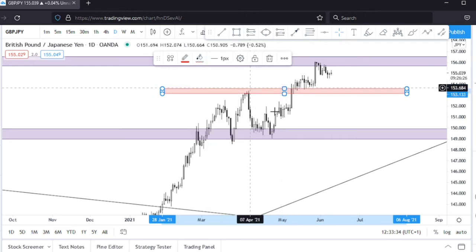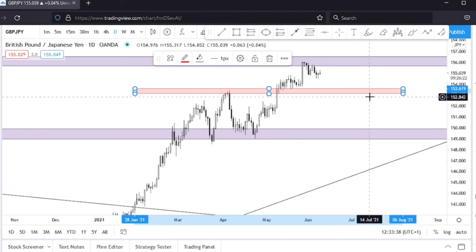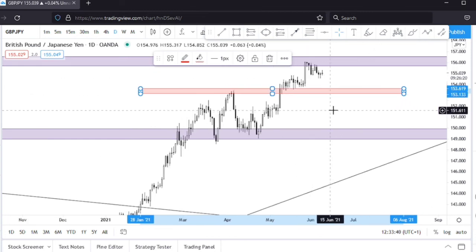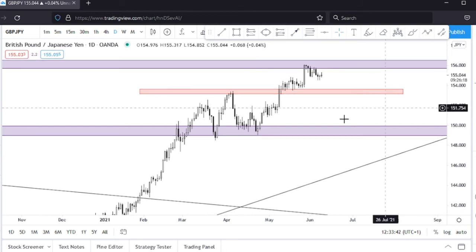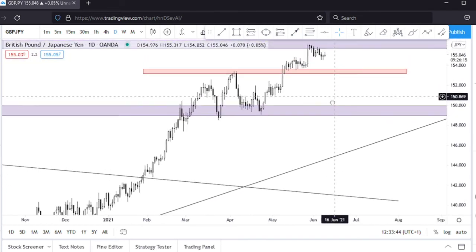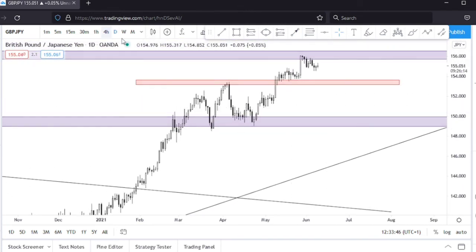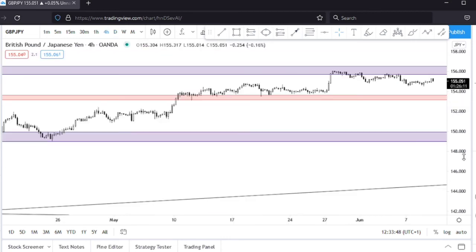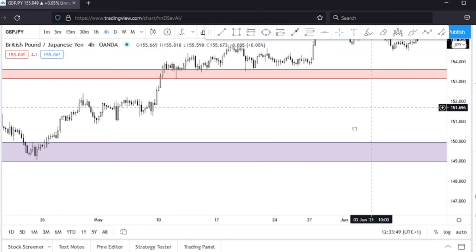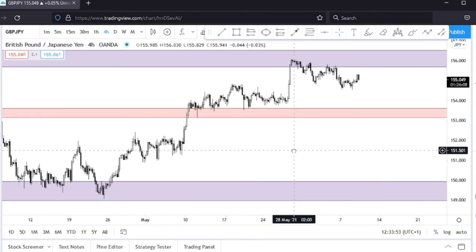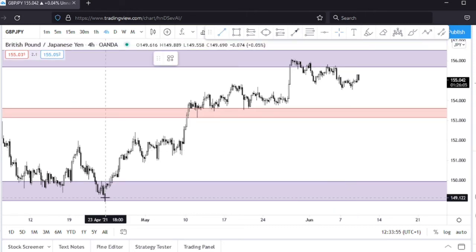Price got here, showed its reaction here before moving to the upside. If we draw this trend line, I don't think we can draw it clearly on this time frame, but if we go lower to the 4-hour time frame, yeah, we can easily draw this trend line over here.